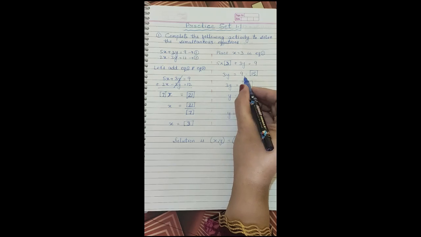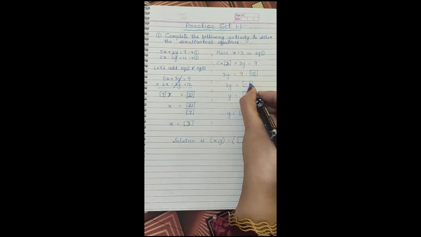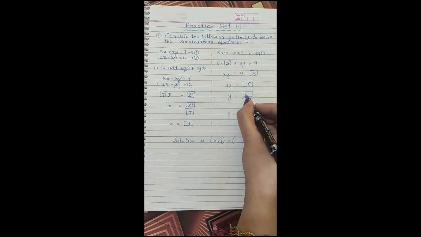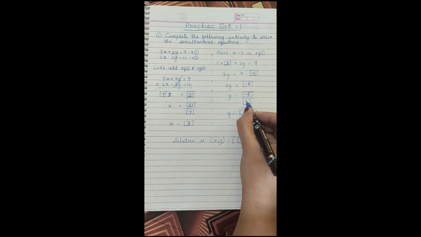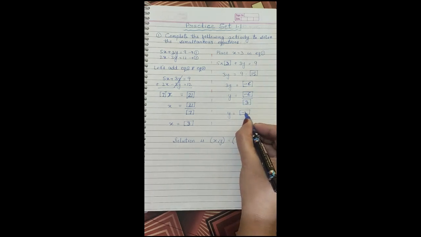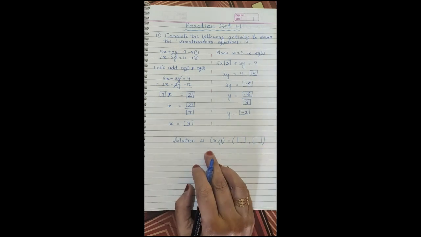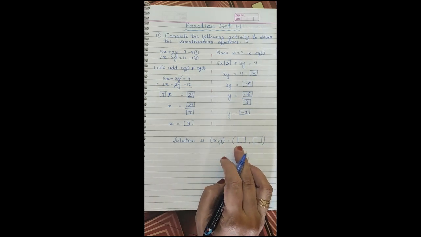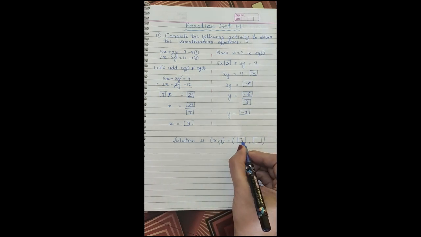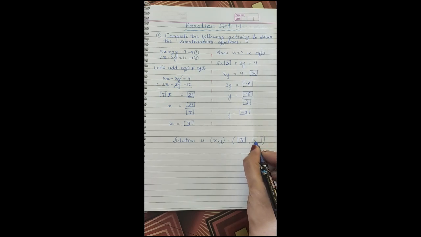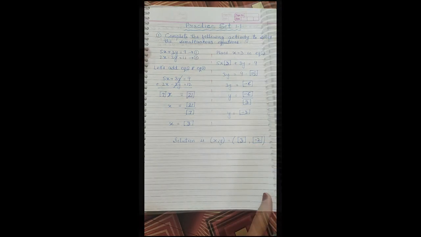Therefore, 3y is equal to 9 minus 15, minus 6. y is equal to minus 6 upon 3. 3 twos are 6. Now we get y = -2. Solution is (x, y). First value is x which is equal to 3 and the second value is y which is equal to -2.